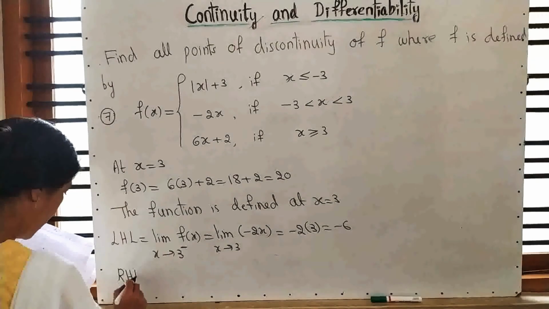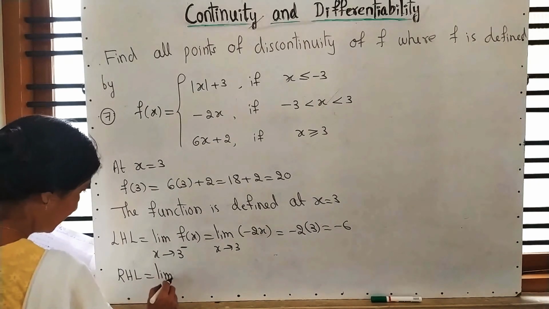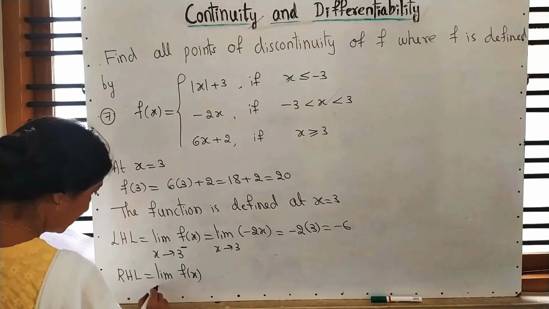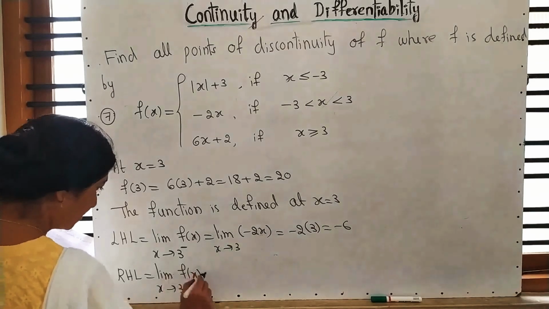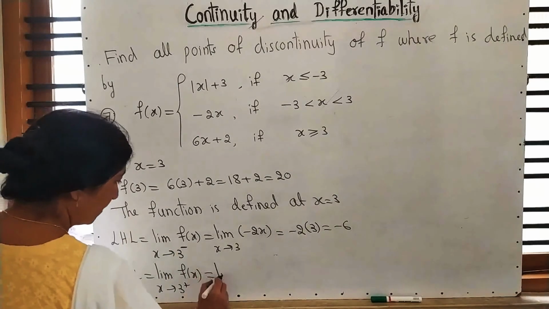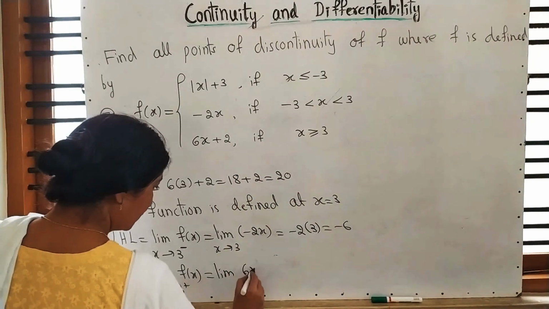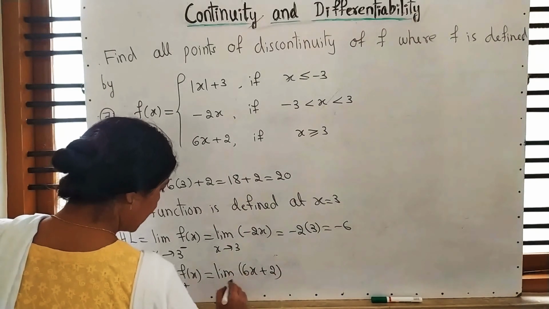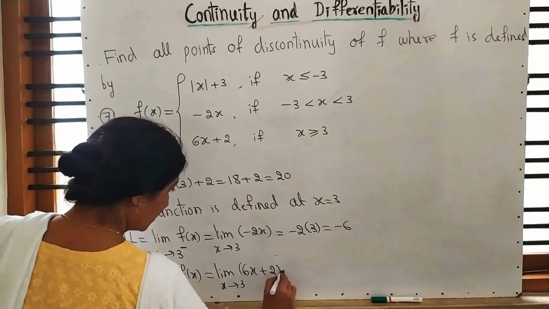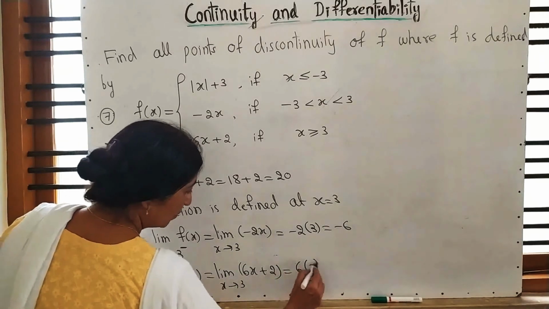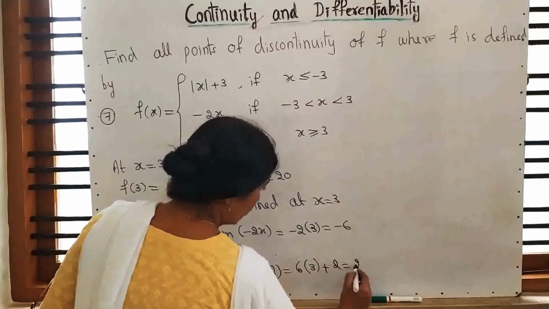And what about the right hand limit? Plus sign. Greater than means it is 6x plus 2, into 3 plus 2, 18 plus 2, 20.